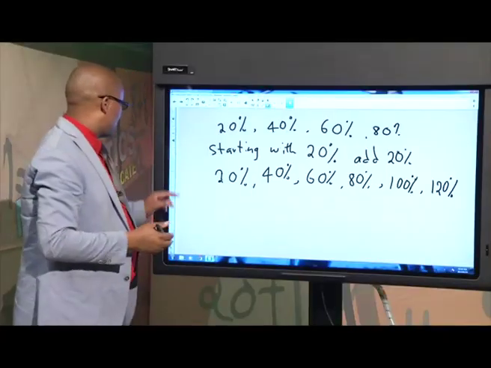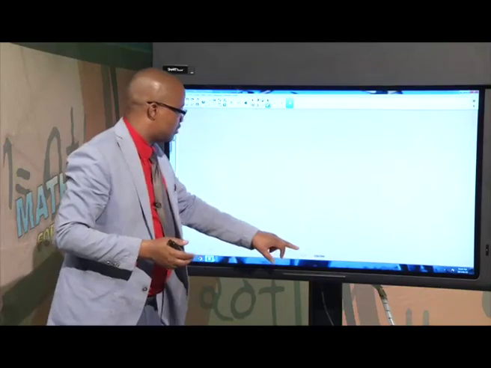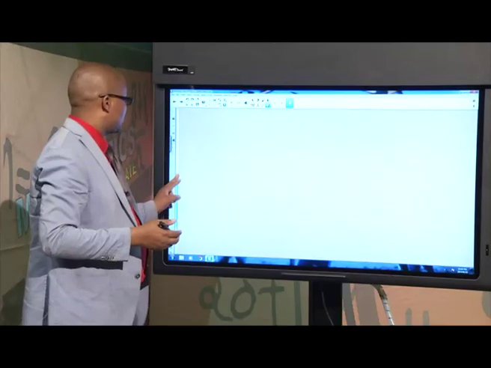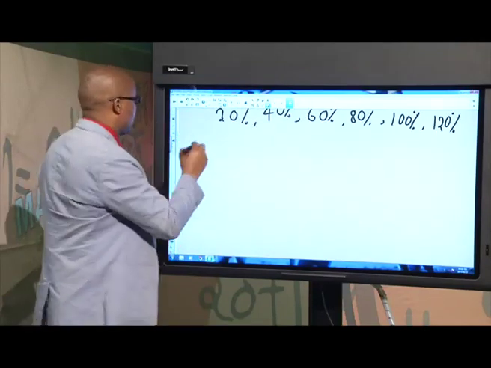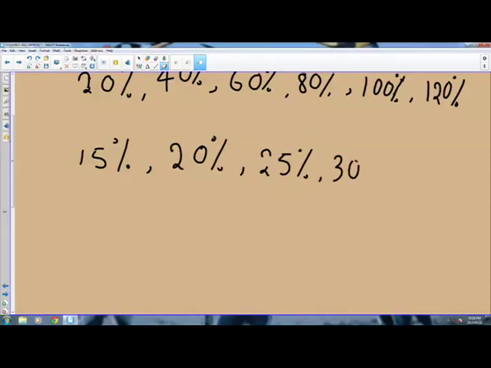We can always come out with another example where you are formulating a sequence in percentage. For instance, you can have 15%, 20%, 25%, then 30%.